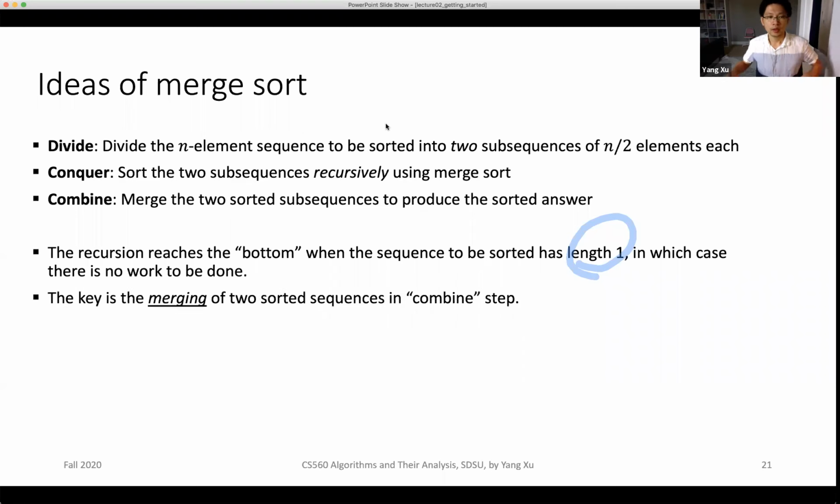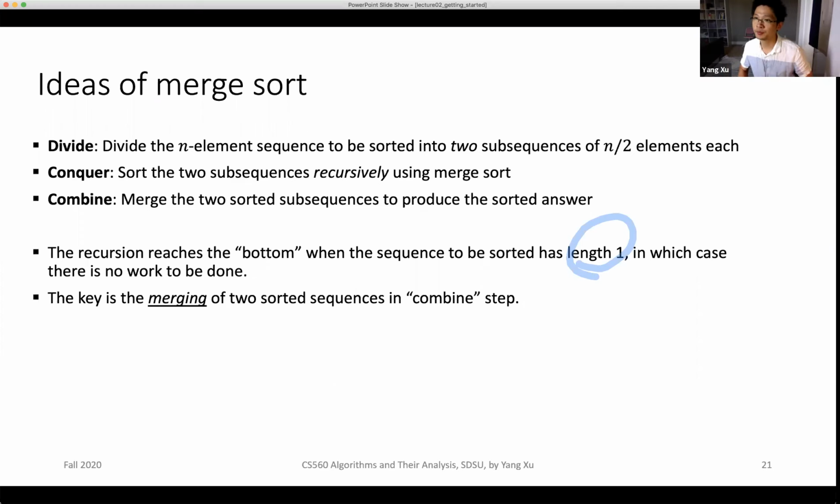The key is to merge the two sorted sequences in the combine step. We need to figure out how to combine two already sorted subsequences. That's the practical problem we need to solve.